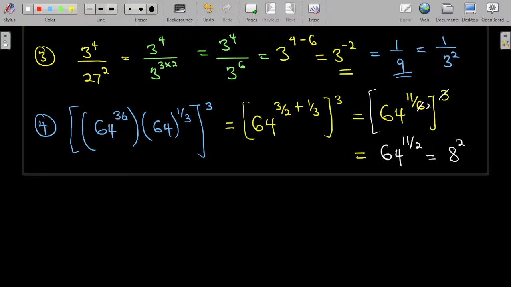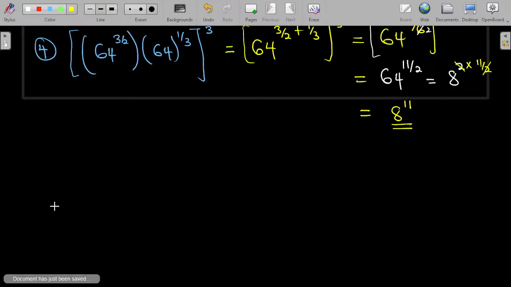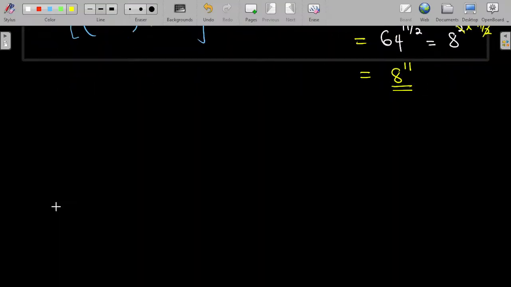And then of course it will multiply the existing 11 over 2. Okay, so this will take away this, and so your solution will be 8 to the power of 11. And that's a beautiful place to stop. So that's the solution to that exercise. Okay, so we move over to exercise 5.